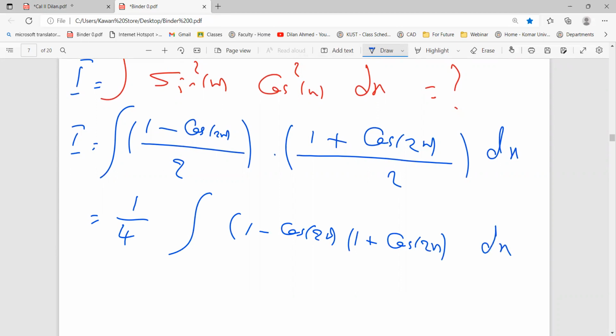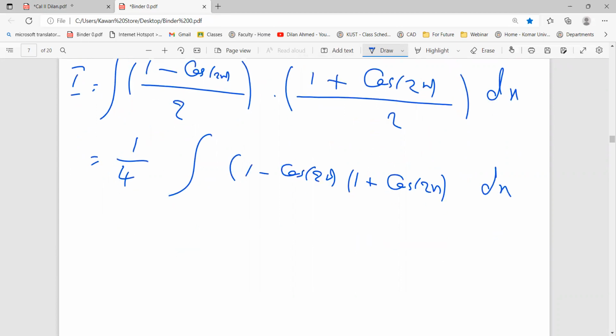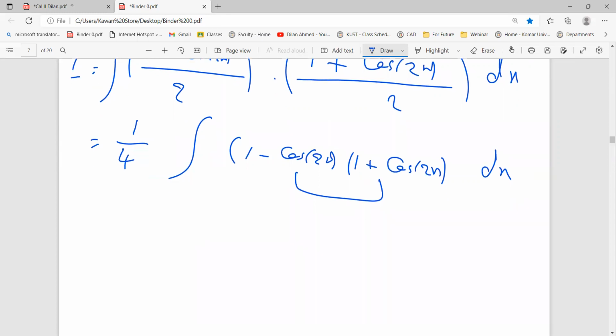So how's the result of that one? Exactly. If I have a plus b multiplied by a minus b, I'll get a squared minus b squared. You know about that one. So the same thing I have here.